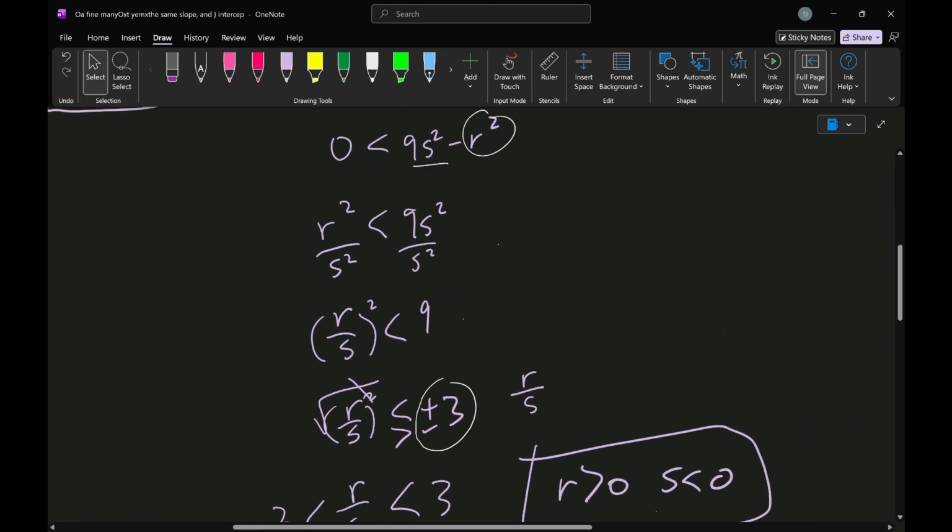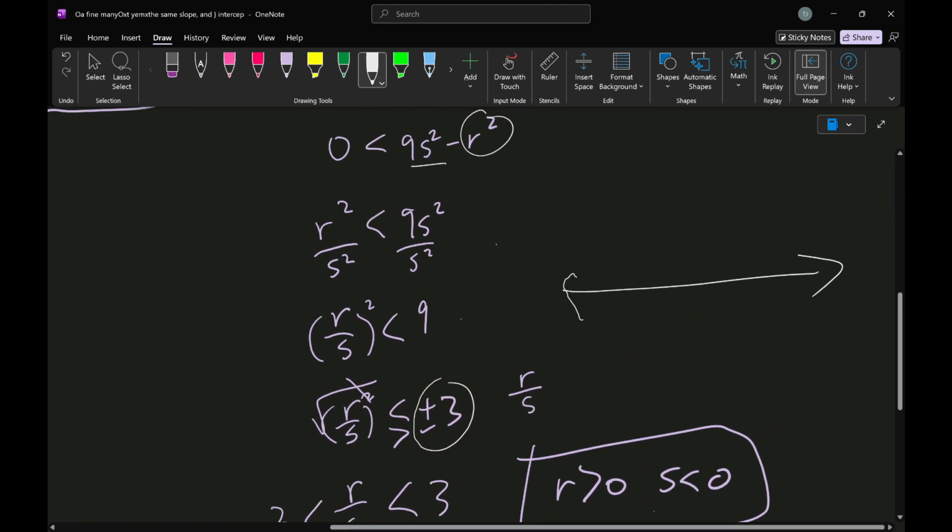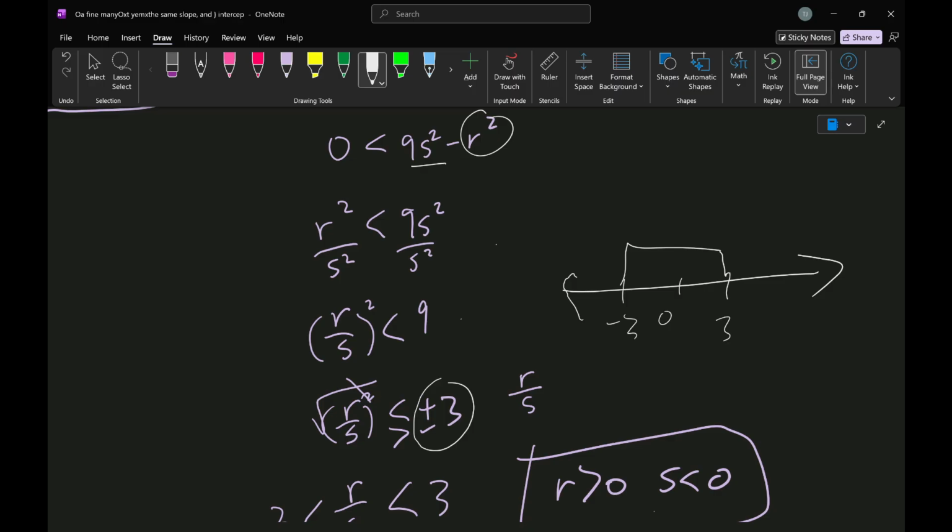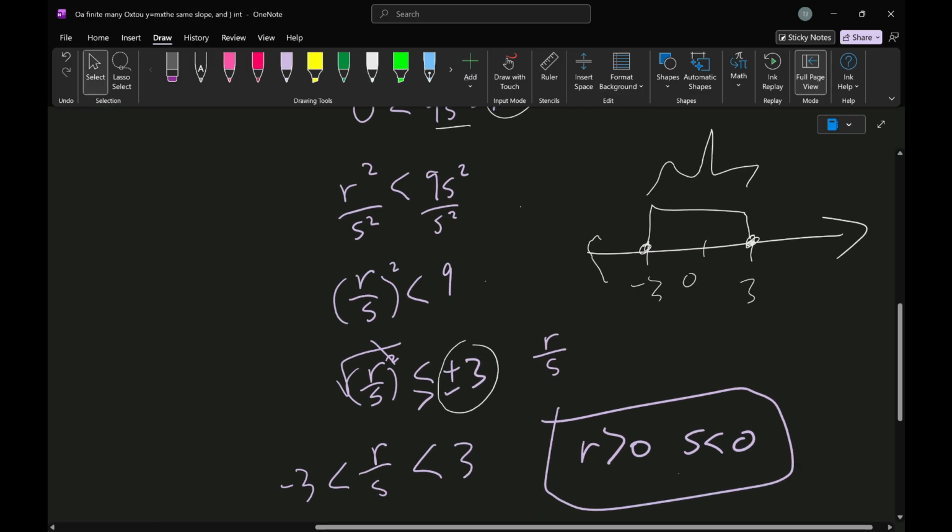It will look like 3, 0, negative 3. It'll be from here to here, right? Because r over s can't be either this or this, because it has to be between this little phrase. This is just inequality. When it comes to inequality, when square roots, it's just a rule, basically.